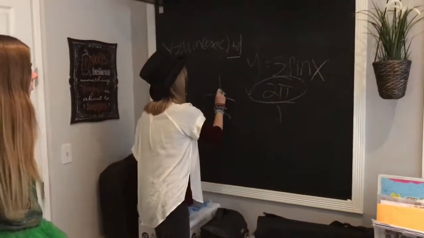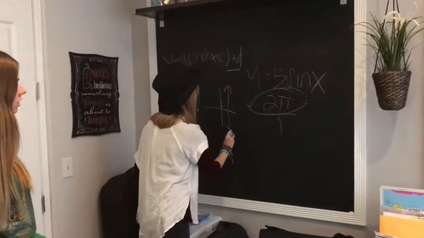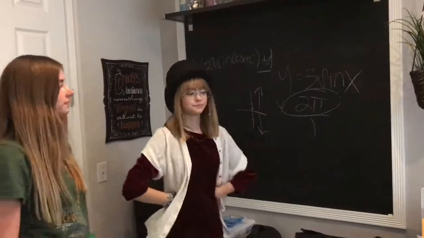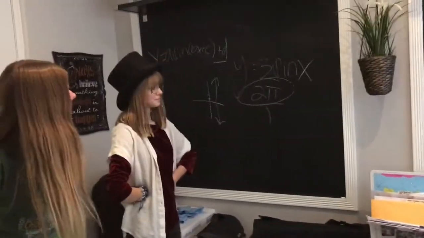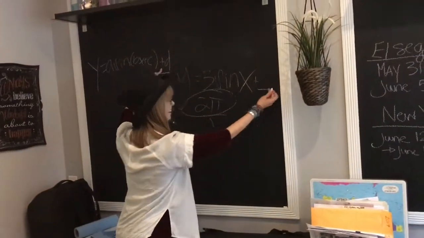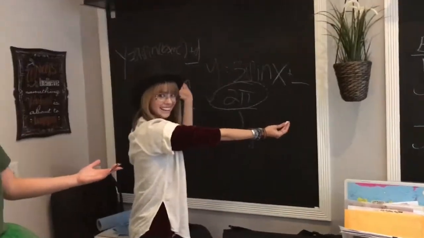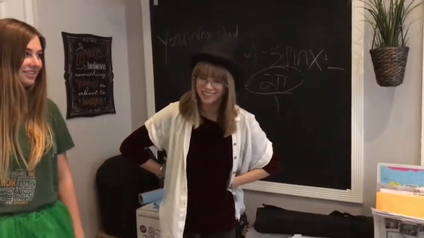How do you find the vertical shift? Sweet whiz. Your vertical shift is how much you go above or below the origin line. Oh, so the vertical shift will be 0 because there's no numbers added on? Exactly! Now let's start in those midline positions.